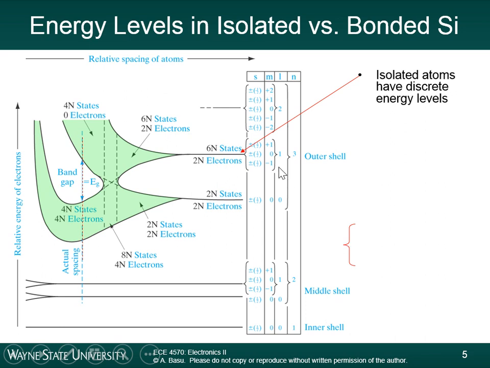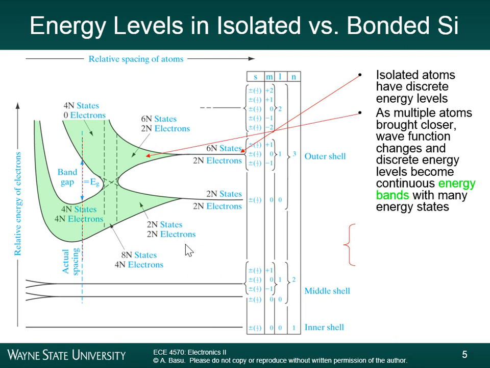Now, when we bring a lattice of atoms closer together, we start to see that instead of having discrete energy states, they form regions where there are clusters of energy states. So for example, if we're here on the map, we would see that there's a region of energy states up here, a region of energy states down here. The energy states are shaded in green.